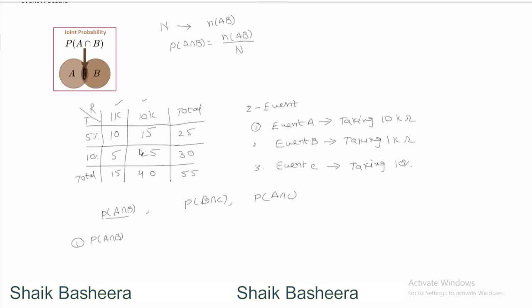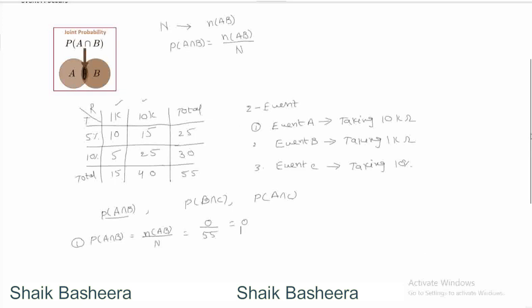Under that condition, probability of A intersection B is n of AB by n, the total sample space, and there is no possibility of A and B common components. So n of AB is 0 out of n, the total length of the sample space, which is 55. So we get the probability of A intersection B as 0.